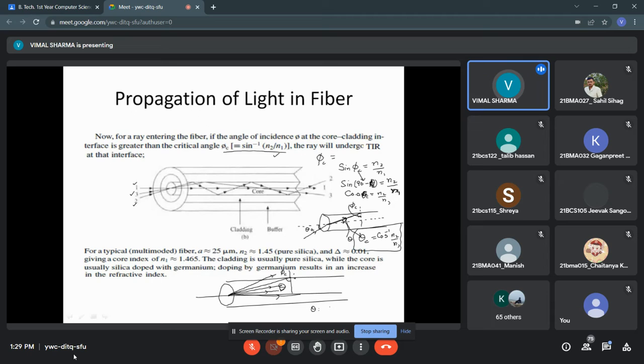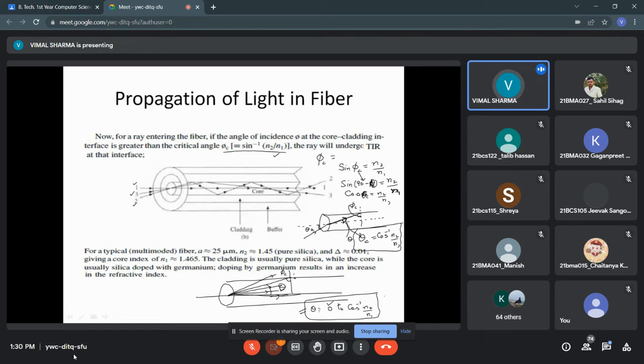Theta varies from 0 to the angle corresponding to phi c at the core-cladding interface, that is, cos inverse n2 over n1. This is the range of theta. So all those rays which make angle theta up to cos inverse n2 over n1 with the axis of the optical fiber propagate through the optical fiber.